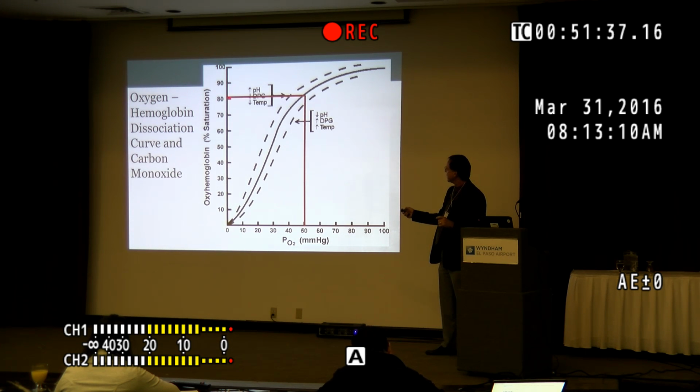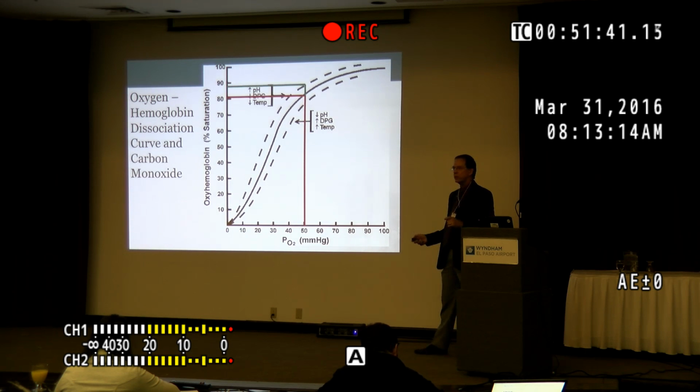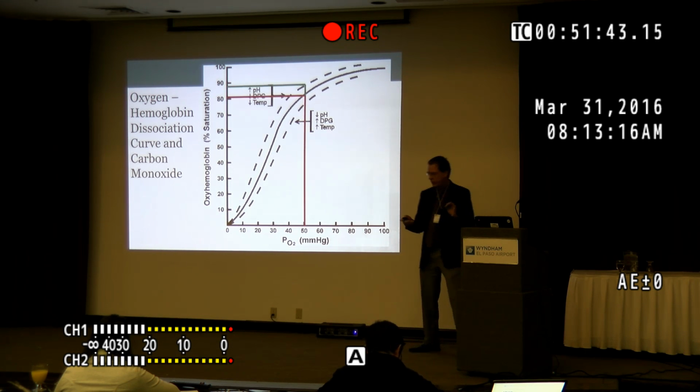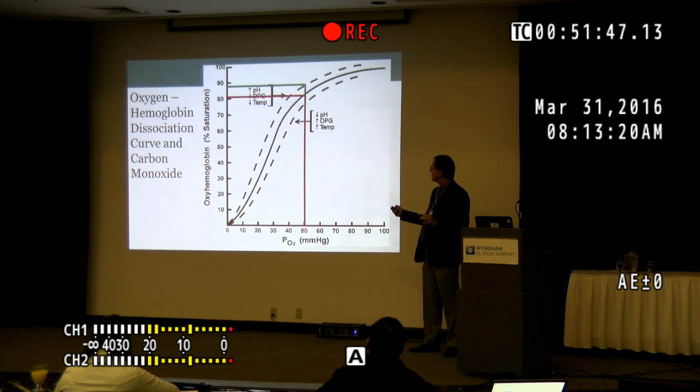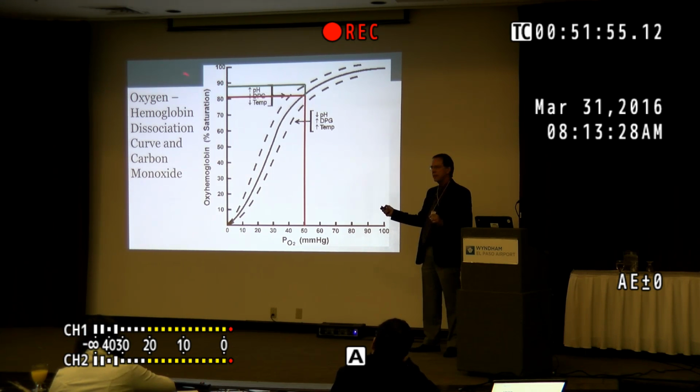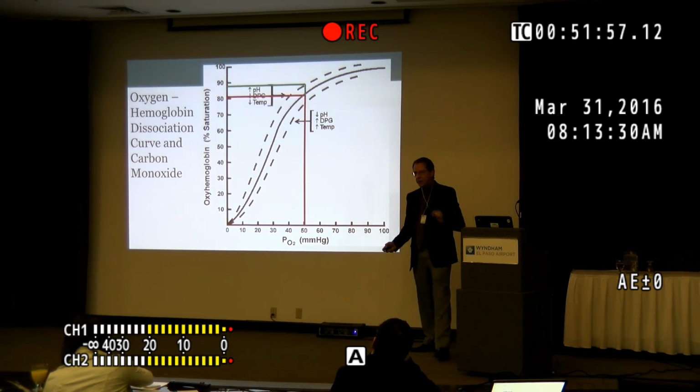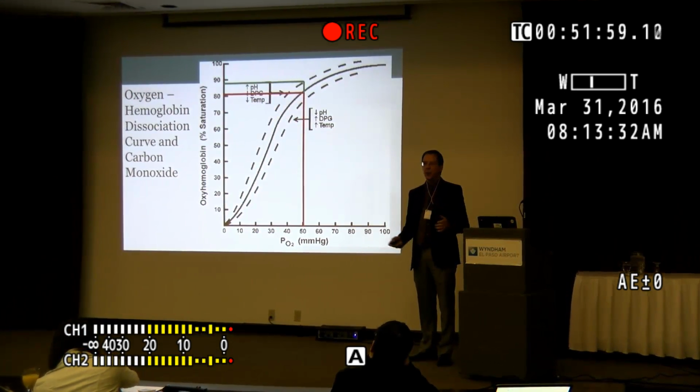So what's the impact if I were to do a leftward shift? Let's understand where the impact is. For a PO2 of 50, if there's a leftward shift, instead of having about 81% saturation, I'm actually closer to 90% saturation. That might sound good, because it sounds like I have more oxygen being carried.